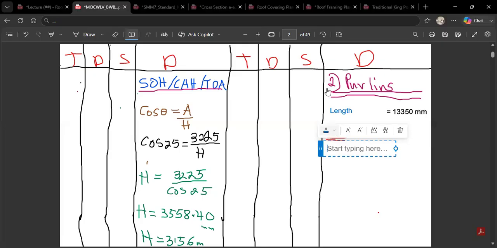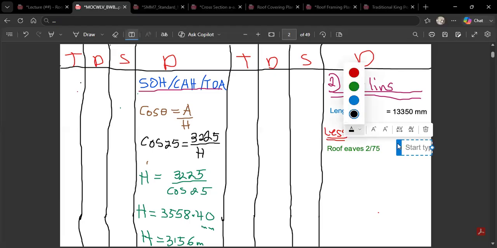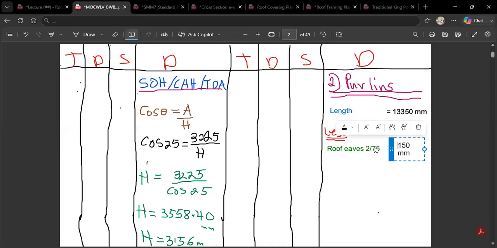There are 2, so it's just 2 times 75, and that is going to give us 150 millimeters. As simple as ABC.